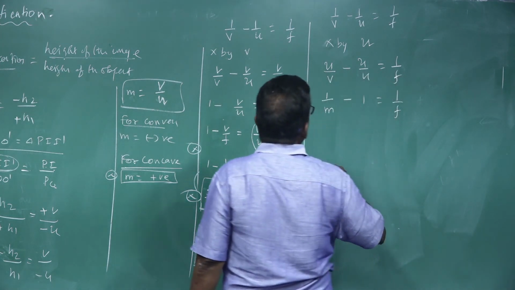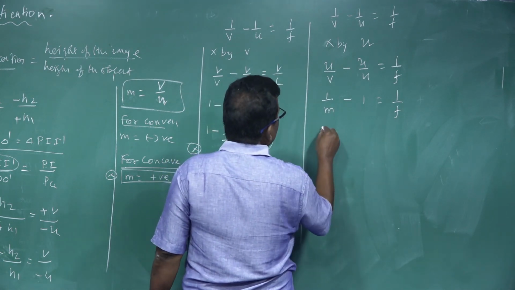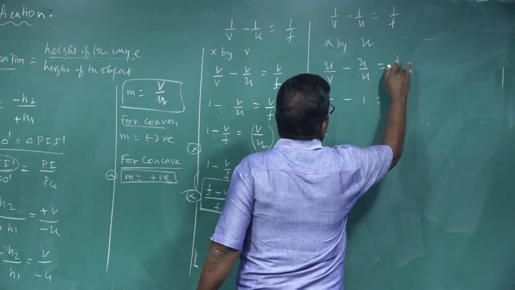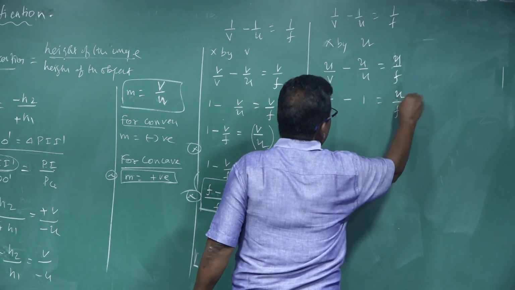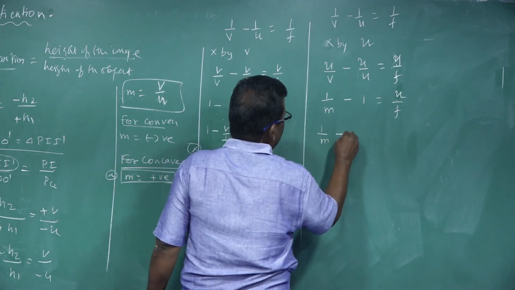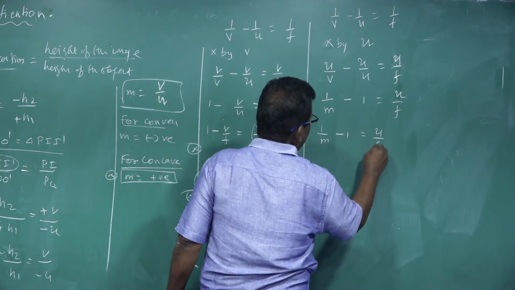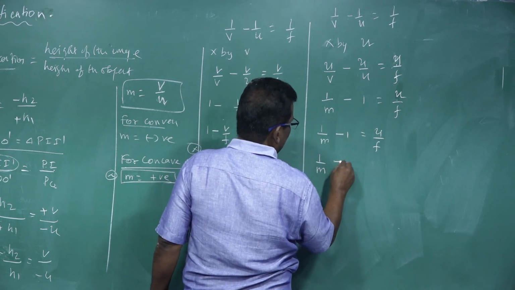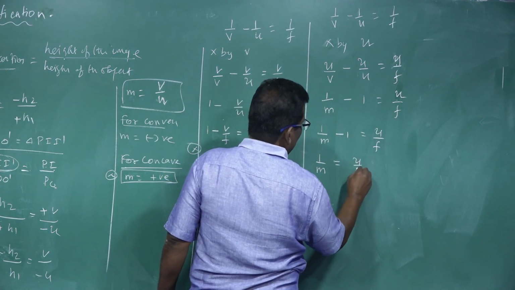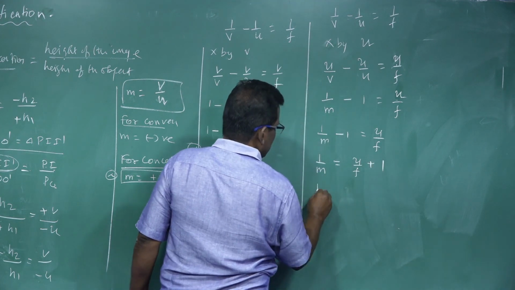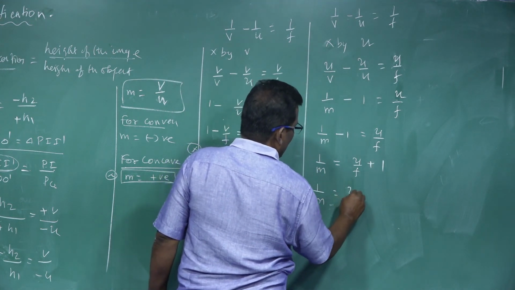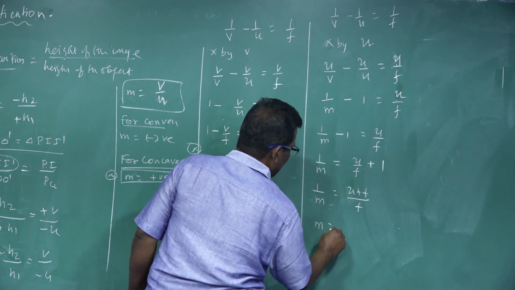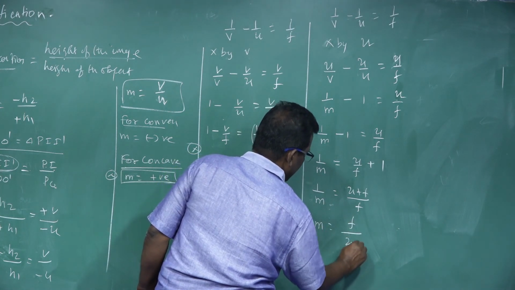So 1 by m minus 1 is equal to u by f. The minus 1 goes to that side and becomes positive: u by f plus 1. So 1 by m is equal to u plus f divided by f. So M is equal to f divided by u plus f.